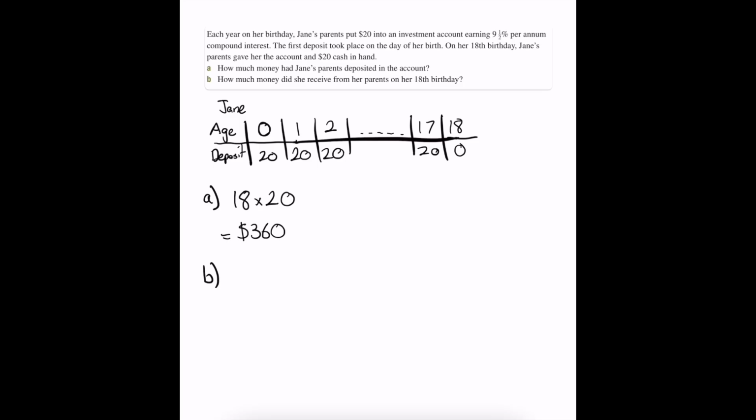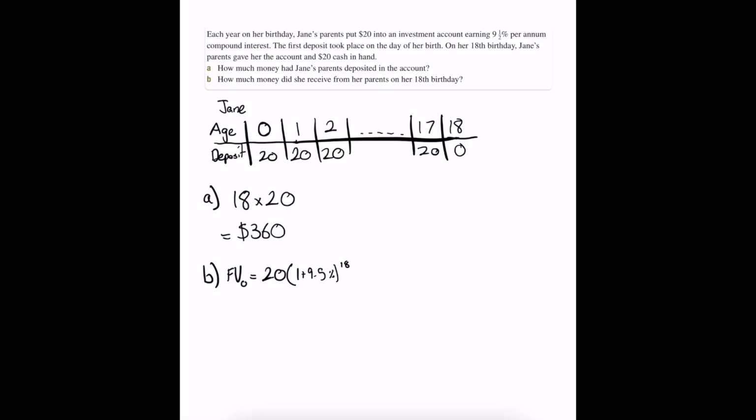So what we can do here is set it up so that the future value at age 0 is equal to the $20 deposit compounded at 9.5% per annum. So that's 1 plus 9.5%, raised to the power of 18 because it is sitting in the bank account for 18 years.